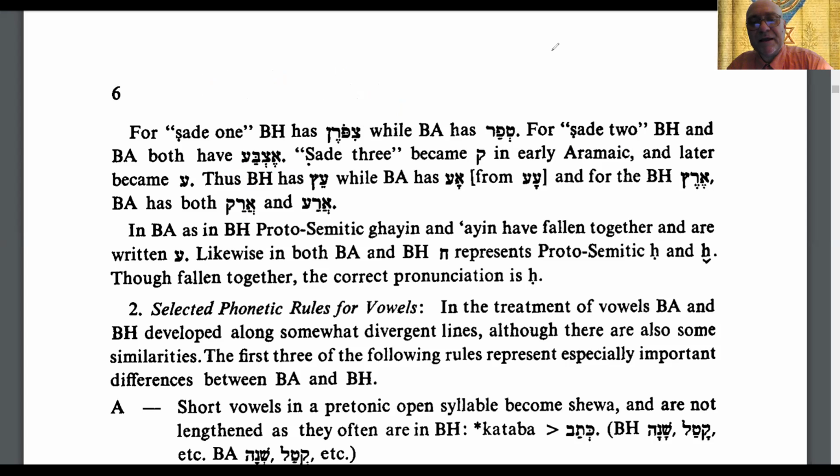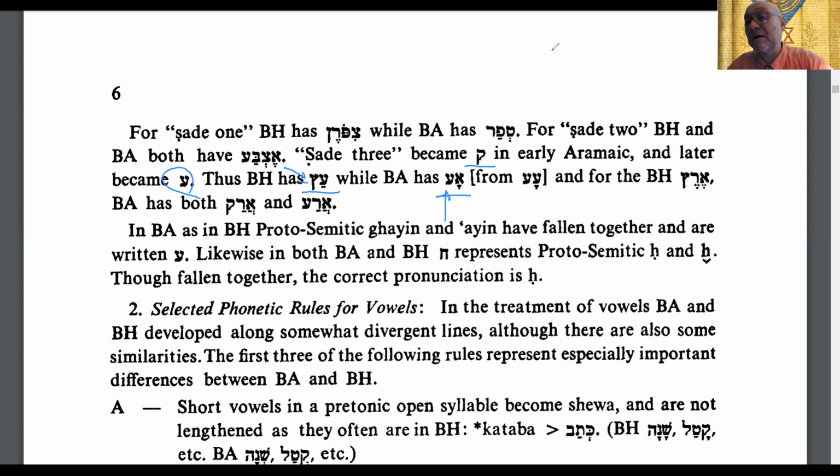Tsadi 3 became Kof in early Aramaic and later became Ayin. Thus, Biblical Hebrew has etz, that's tree, while Biblical Aramaic has, look at that, so that's the word for tree in Biblical Aramaic, it must be. Okay, and so this Tsadi sofit transforms into an Ayin, which is silent, unless in Aramaic it's not silent.